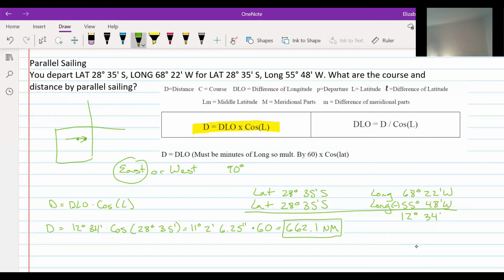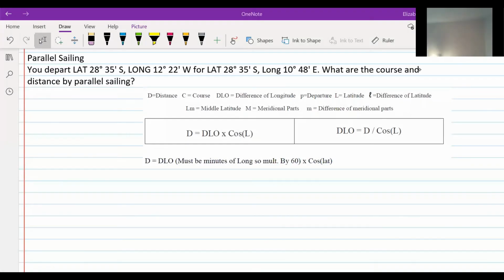So you can go ahead and do the next problem, which is another parallel sailing. With this problem, we're going to go through the same routine.